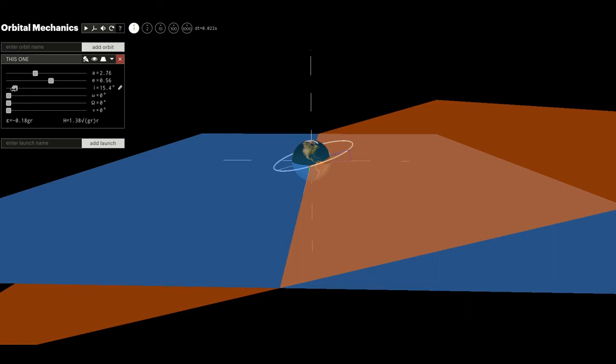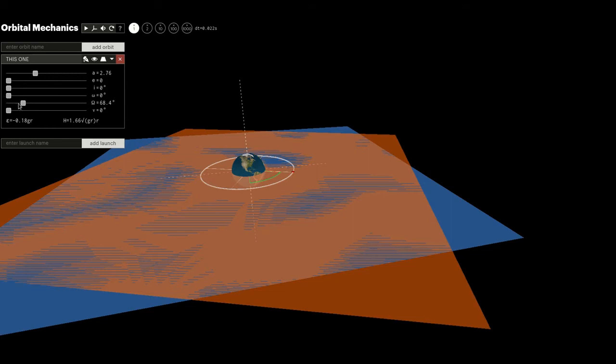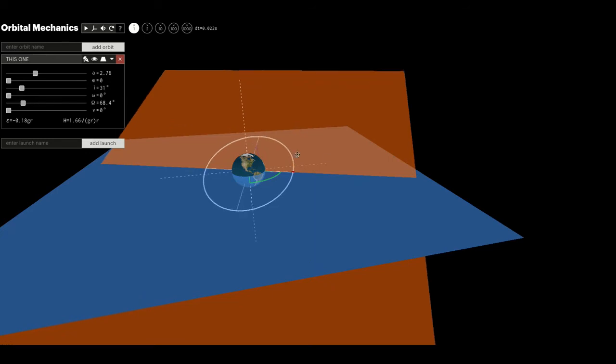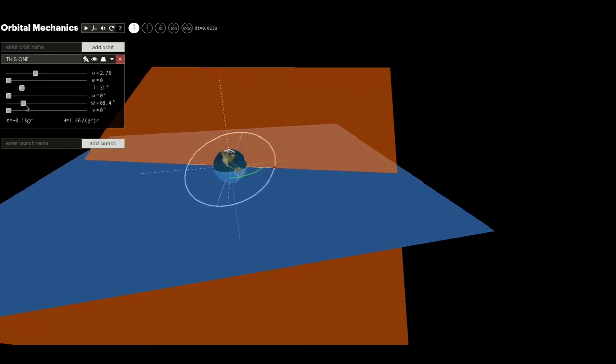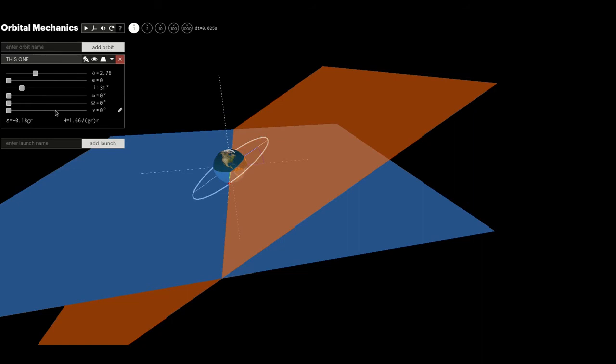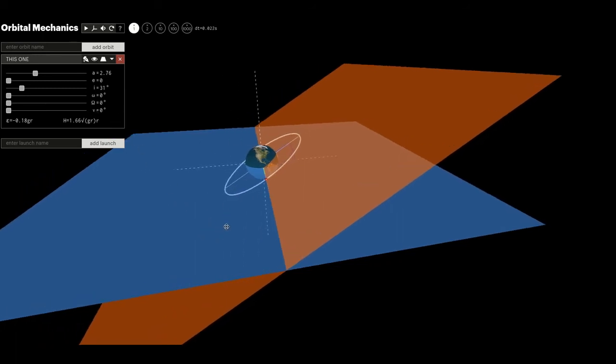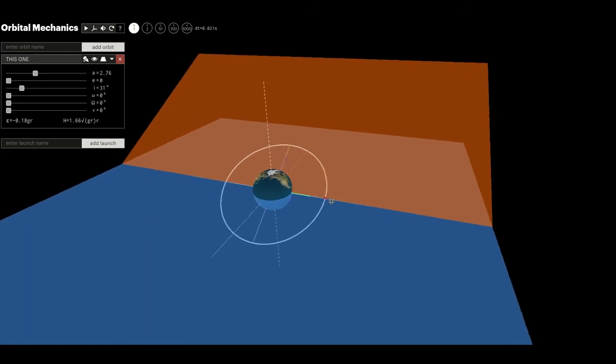All right, for the next thing we're going to look at, we're going to incline this a little bit so it's easier to see. And I'm going to change this value. This is the uppercase omega. This is the right ascension of the ascending node. And what I want you to notice is if we rotate this a little bit, you can see the satellite is right here.